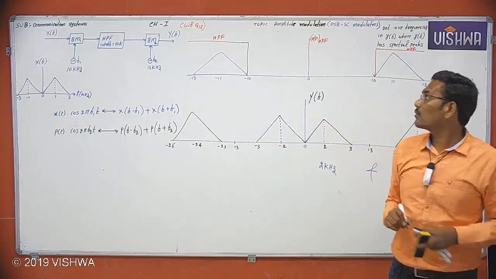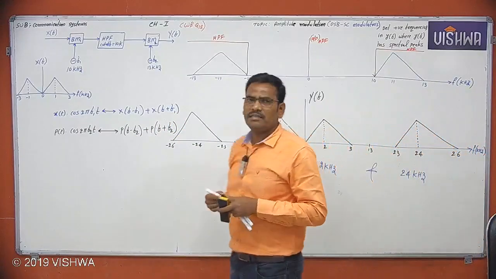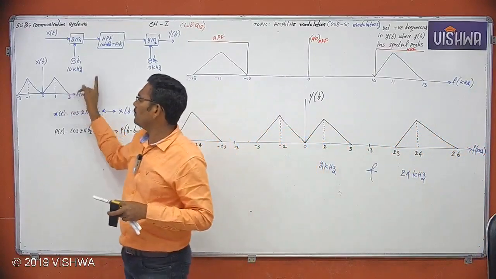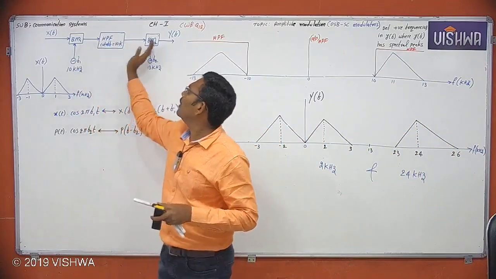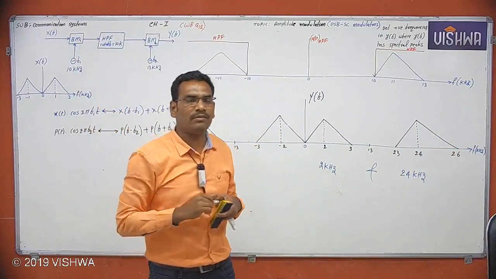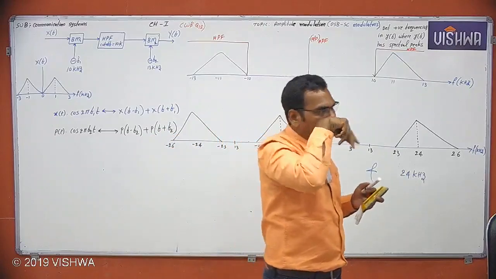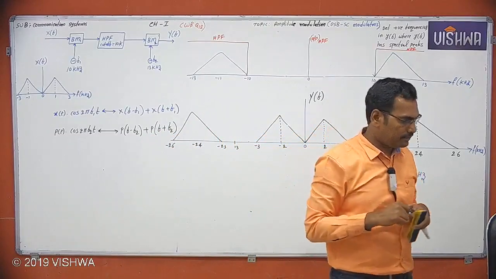Now this is question number 18, which is simply based on the basic concept of frequency shifting property. And balanced modulator is nothing but, don't confuse, the product modulator itself.